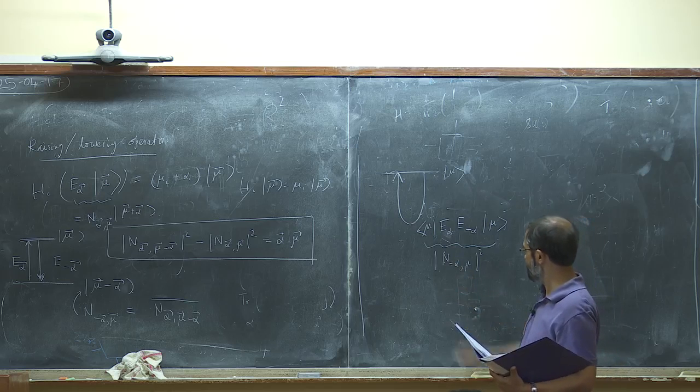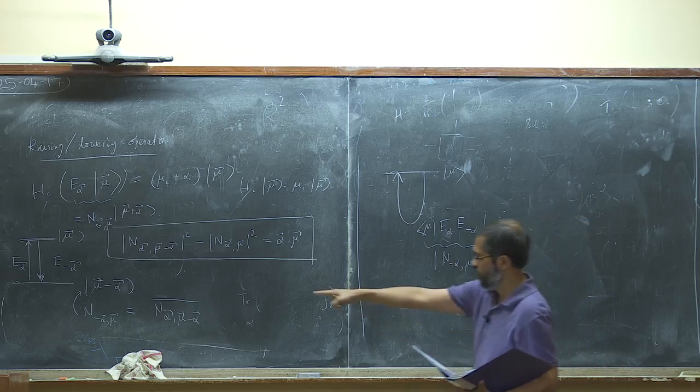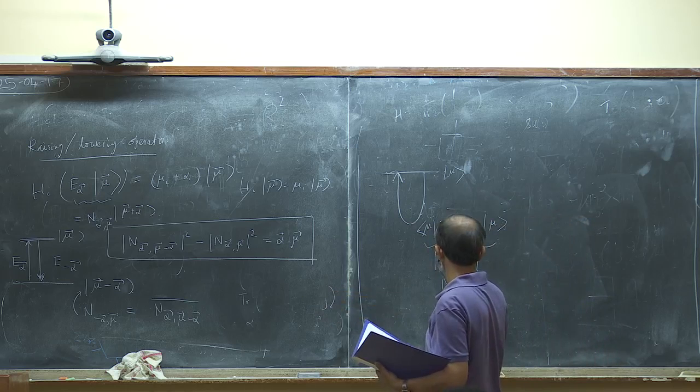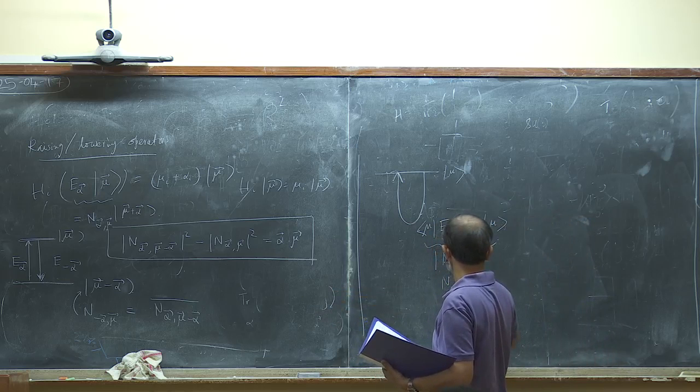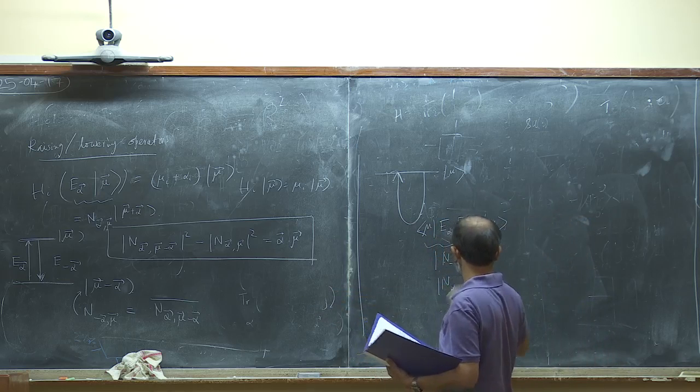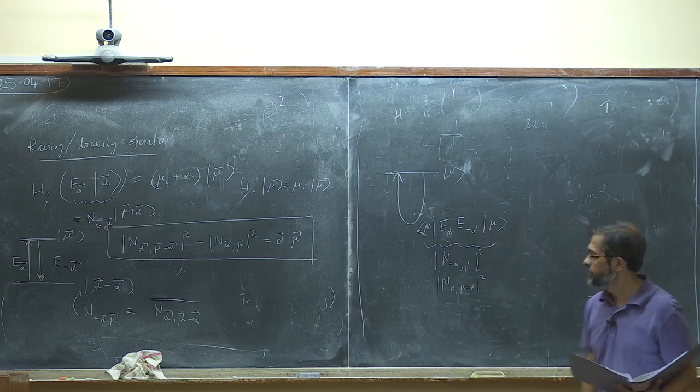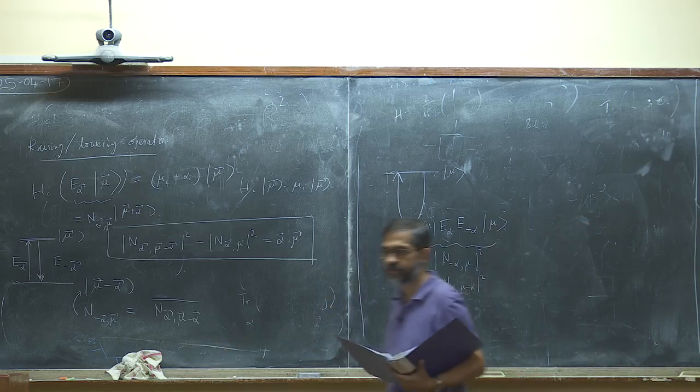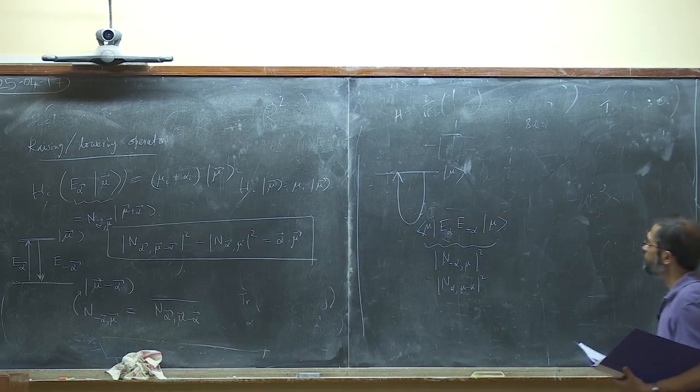That is why it's mod square, which of course by our result there is also |n_{α,μ-α}|² by the result here.